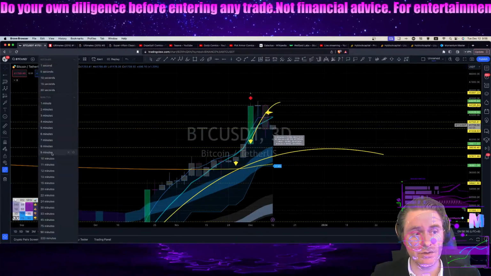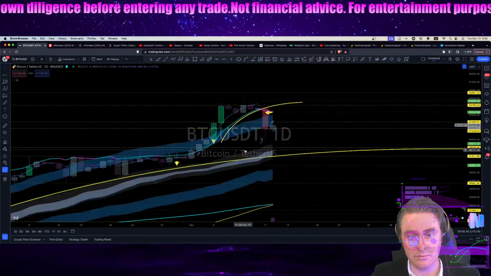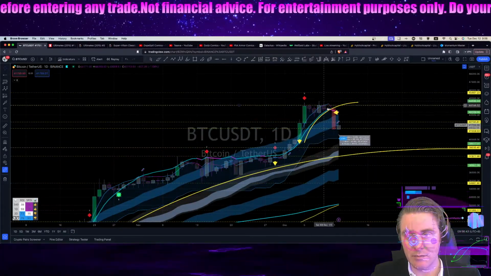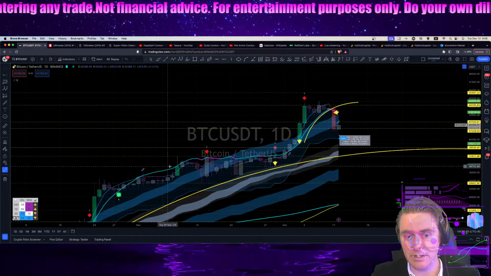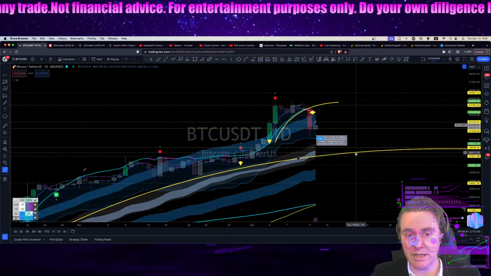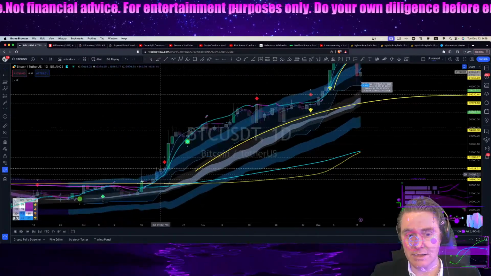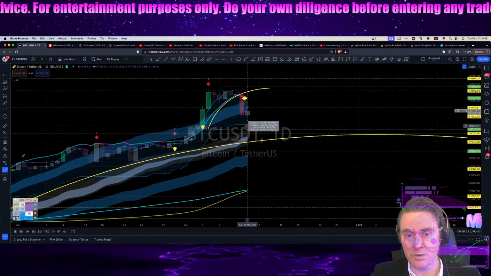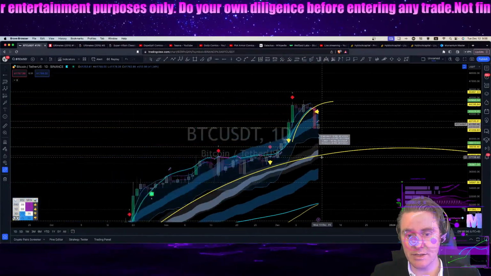All right, coming to the daily. Daily was outside of this price channel and came back into it for safety. It's the stay in your lane play. It likes to stay in its lane. When it comes out of the lane, it likes to come back into it. We're still holding the super trend on the daily time frame.